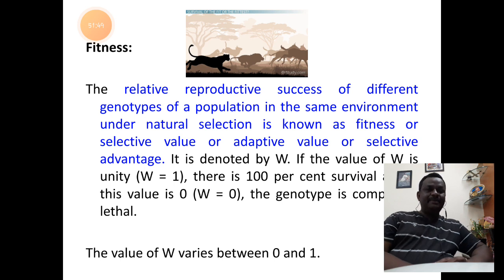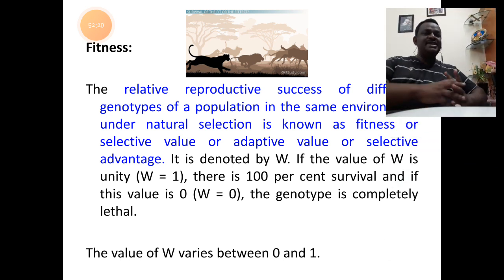Similarly is the fitness. When we look here, the relative reproductive success of different genotypes of a population in the same environment under natural selection is called fitness. In simple words, the most adaptive individuals with high reproductive success are selected by nature.